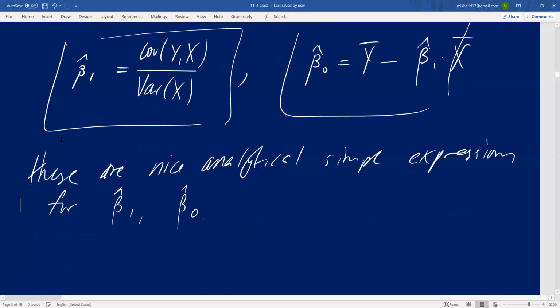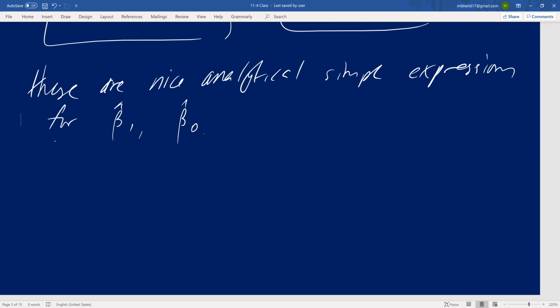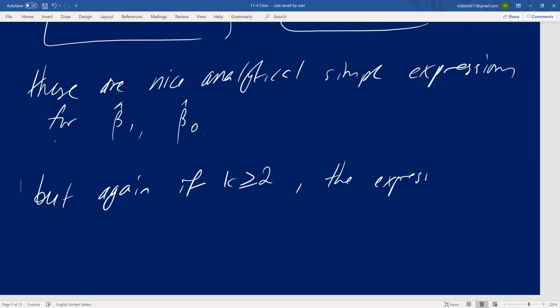But as I said, if k is greater than or equal to 2, the expressions for beta hat j become very complicated.